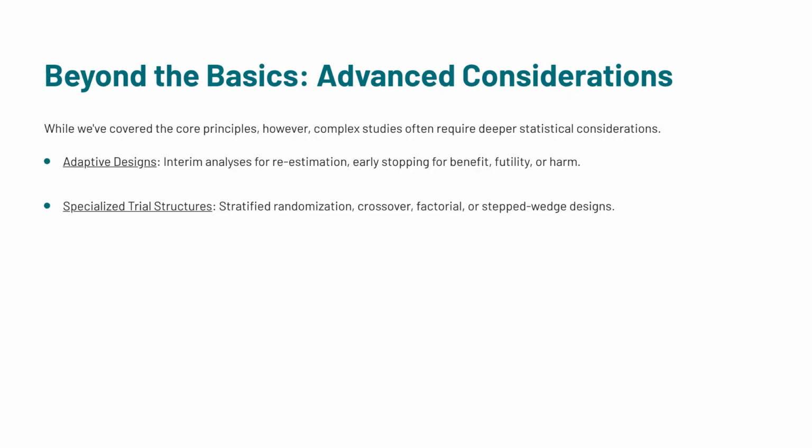Nor did we explore specialized trial structures such as stratified randomization, crossover trials, factorial designs, and stepped wedge designs, which require their own sample size frameworks. We also didn't touch on correcting for multiple testing, including how to adjust significance thresholds when testing co-primary outcomes or multiple endpoints.